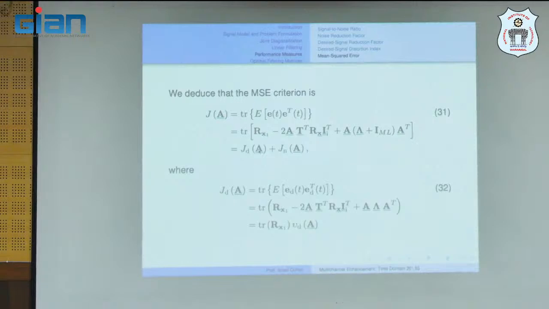Here the variable is A, the filtering matrix, and everything else is known. You see here, everything is known. The only thing missing is the matrix A. And then you need to find the gradient of J(A), the mean squared error as a function of A, with respect to the matrix A.